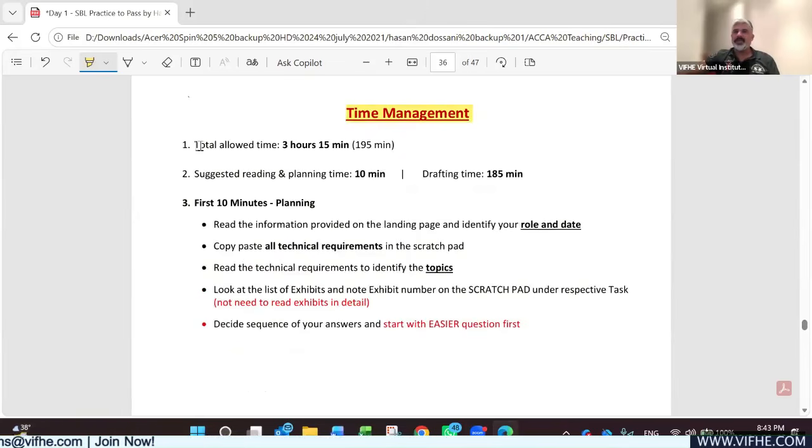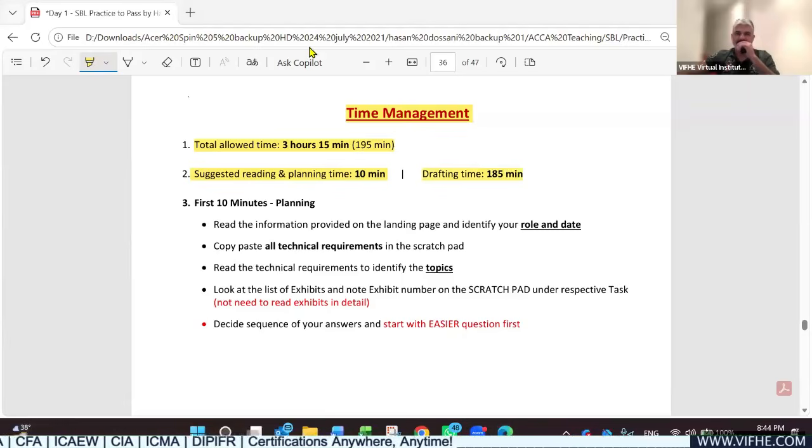So total allowed time is 3 hours and 15 minutes, which means in total we have 195 minutes. Correct? So my suggestion is that you should spend 10 minutes on reading and planning, and the remaining 185 minutes on drafting.